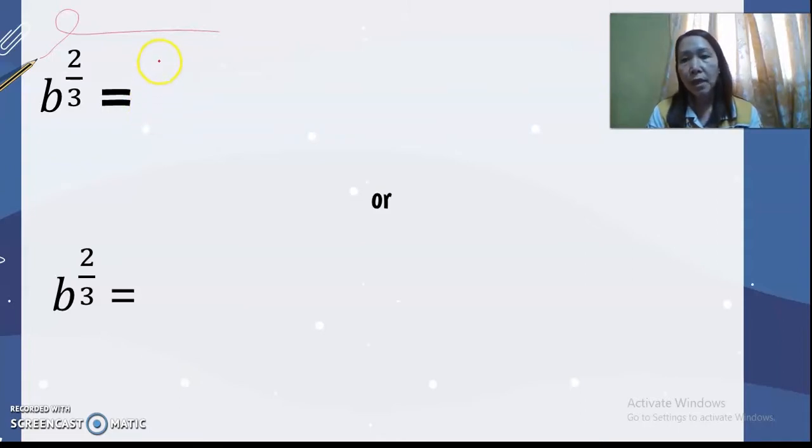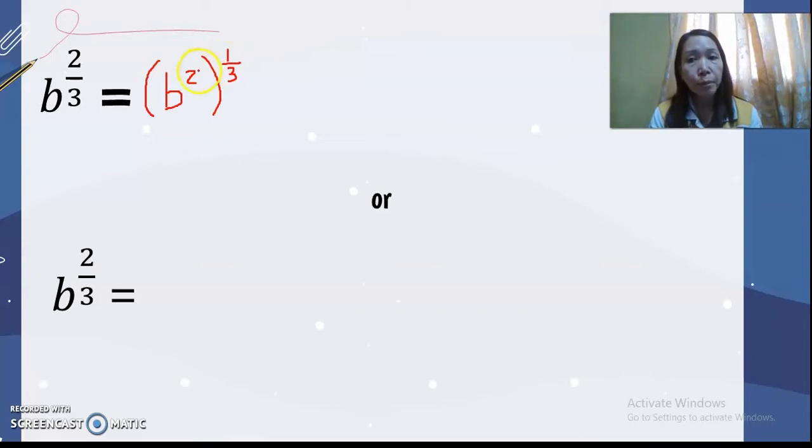So for example here, you can write this as b squared, quantity raised to 1/3. Why? Because again, this is an exponent raised to another exponent. Based on the law of exponents, we just simply multiply the exponents.